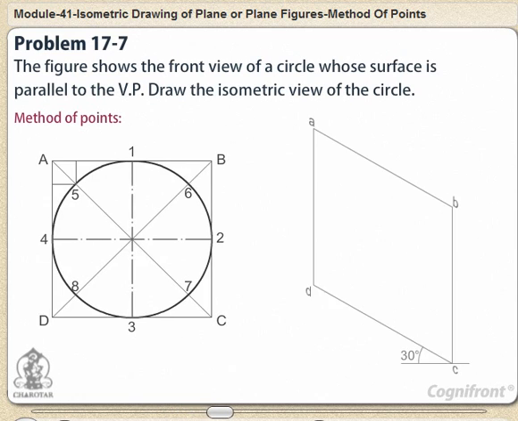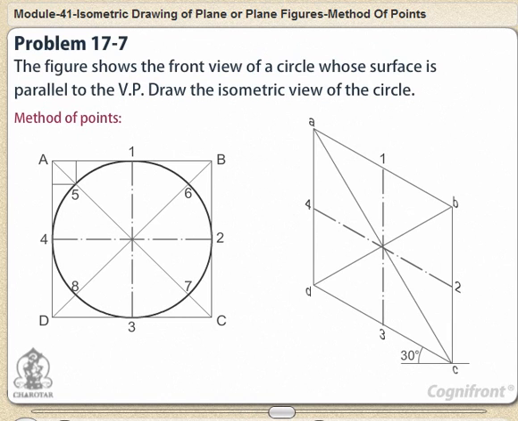Draw the isometric view of the square and on it mark the midpoints 1, 2, 3 and 4 of its sides. Obtain points 5, 6, 7 and 8 on the diagonals as explained in the previous problem.